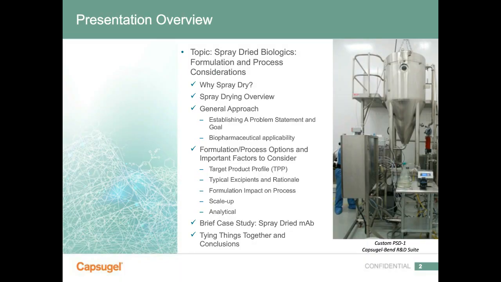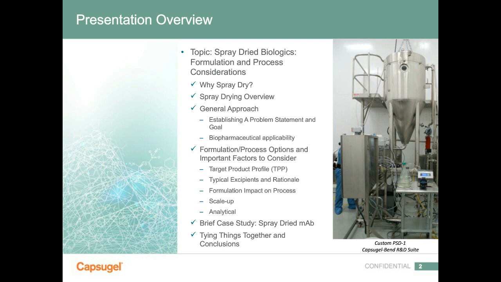So today's webinar is structured as a technology discussion. It will last for approximately 45 minutes, and we'll be addressing the topics that you can see listed on the slide. Those topics are: why would we spray dry? An actual spray drying overview, process-wise. The general approach, which includes establishing a problem statement and a goal, and then biopharmaceutical applicability.